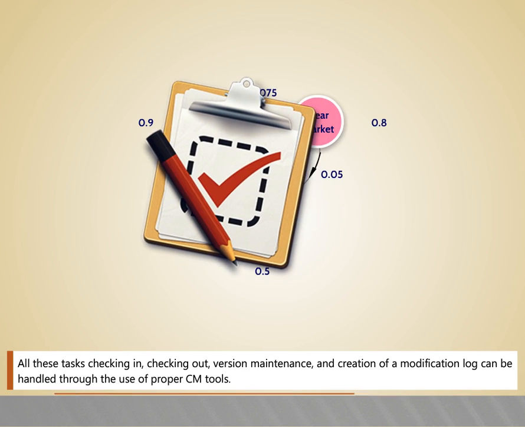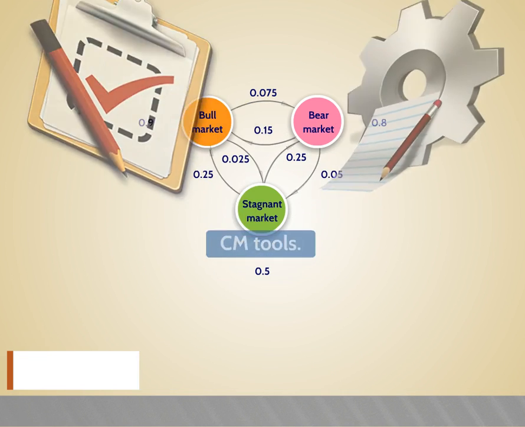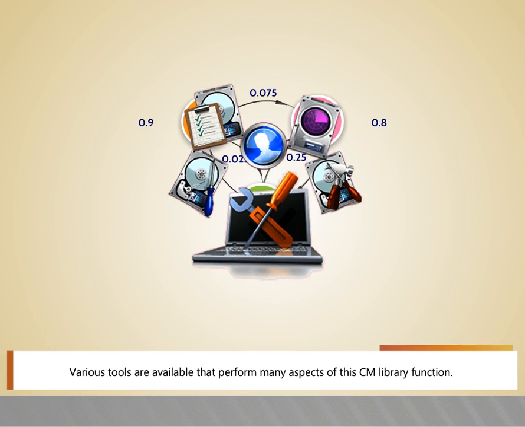All these tasks, checking in, checking out, version maintenance, and creation of a modification log, can be handled through the use of proper CM tools. Various tools are available that perform many aspects of this CM library function.